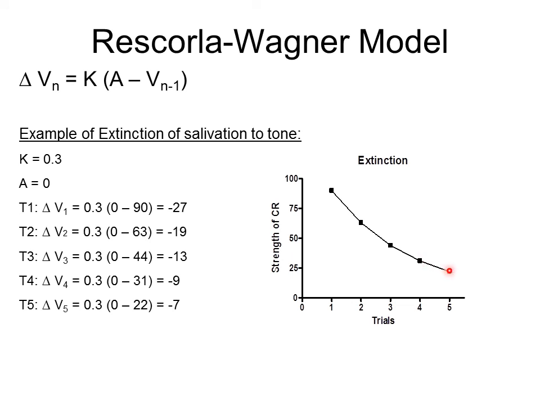If you were to carry this out, this would eventually go down to 0. And that would be assuming that you had chosen your values correctly in terms of the salience of the stimuli. This would be a fairly accurate reflection of how extinction would play itself out in a conditioning preparation.